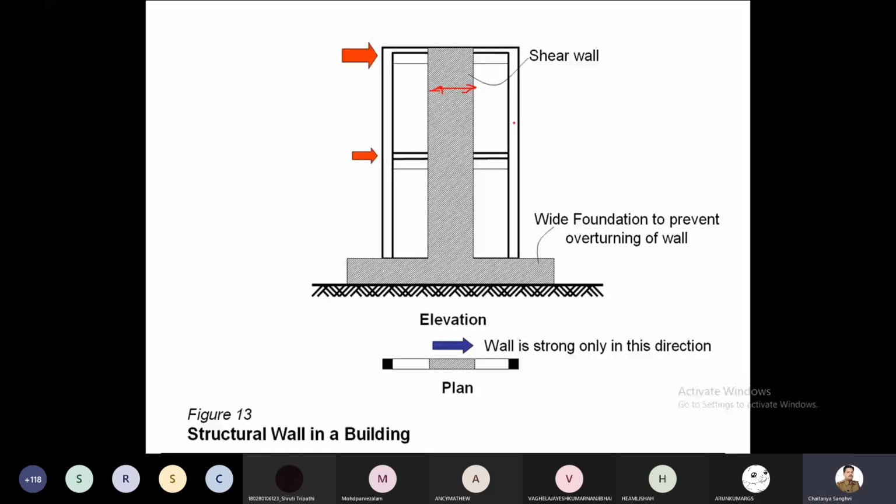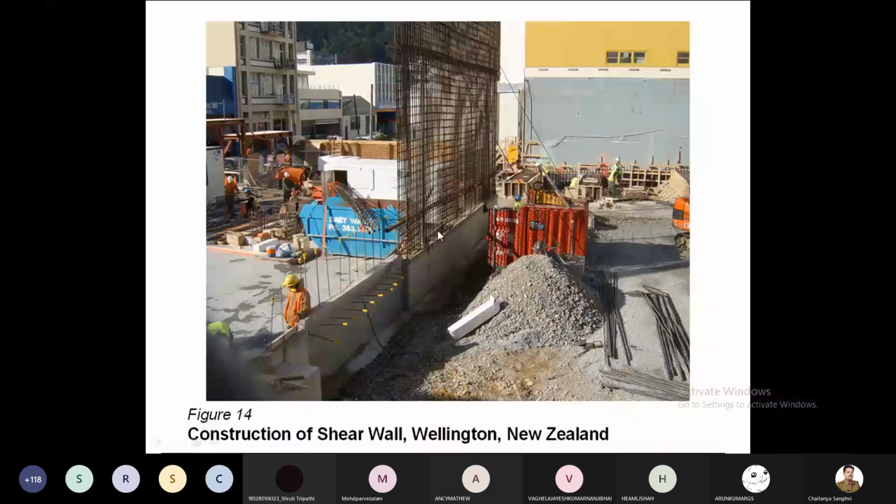As the stiffness is very high, it is going to take most of the earthquake force. So the shear wall is one of the most important elements in our system. This is how the construction of the shear wall takes place. We discussed yesterday; you can see the pictures of construction of the shear wall.